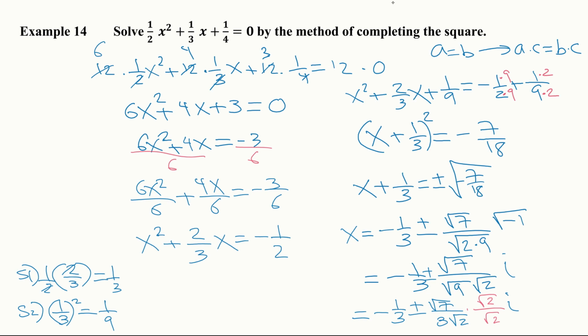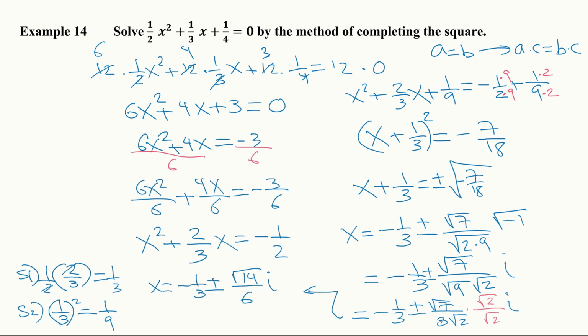So let me continue over here. So we get x equals negative 1/3 plus or minus, that's going to be square root of 14, right? And down below we have a 3, and then radical 2 times radical 2 is going to give us 2 times 3, which is 6. And don't forget the i, okay?